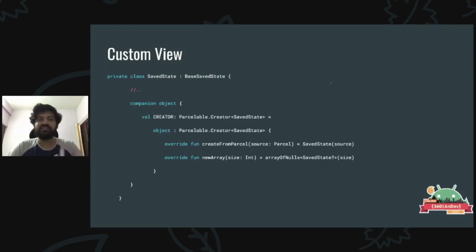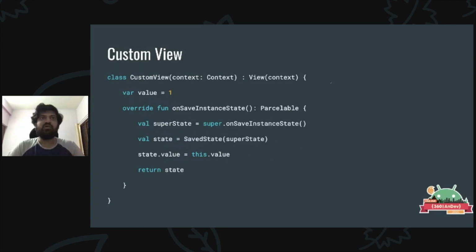So you have written these classes. Now comes the part where you treat it like a normal activity or fragment. On an activity or fragment, you would be calling onSaveInstanceState. Similarly here, but what you do is first you let the parent view group of your view save its state.